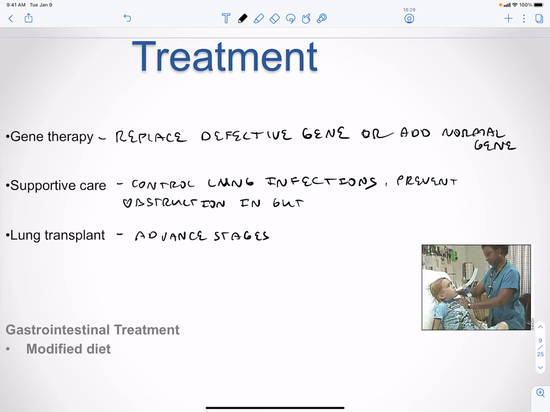Now, for the gastrointestinal treatment, you have to have a modified diet. Because the pancreas is involved and the pancreas is not secreting the digestive enzymes, cystic fibrosis patients have a modified diet, and these are going to have vitamin supplements and pancreatic enzymes.